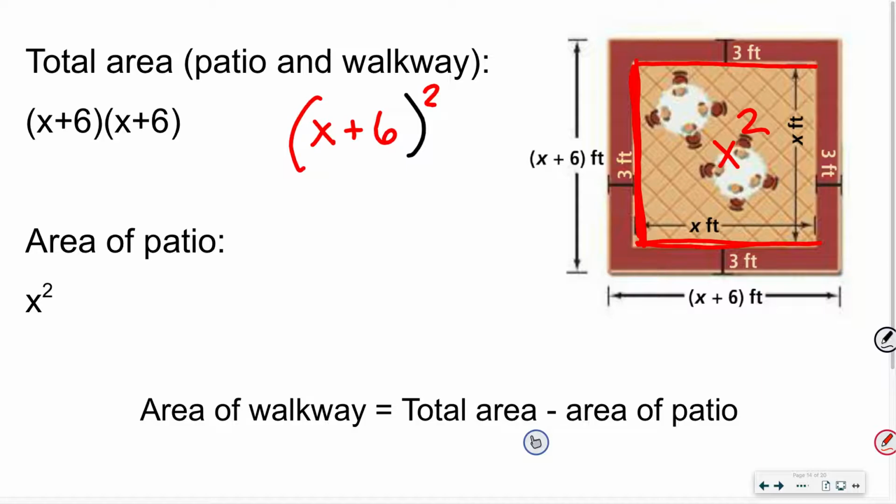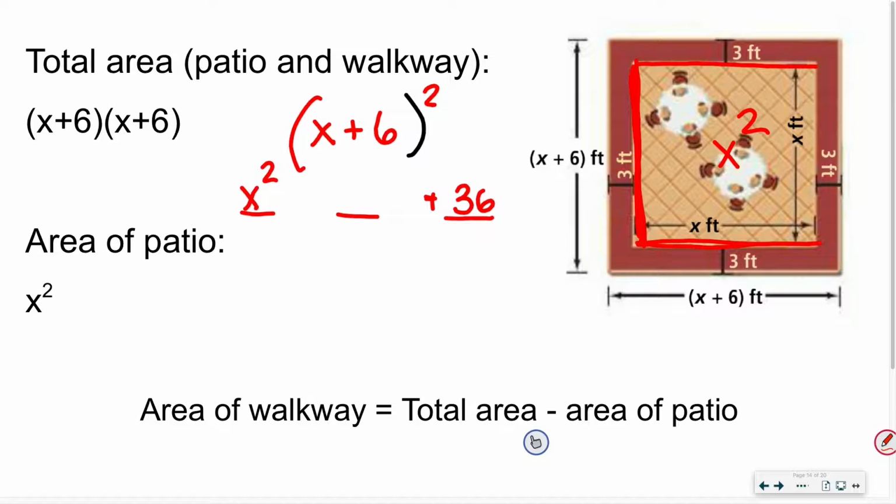What would the terms be of my trinomial? X squared, which is 36. Where would that go? Good. What's the middle term? Where'd you get 12x? We multiply the 2 terms.